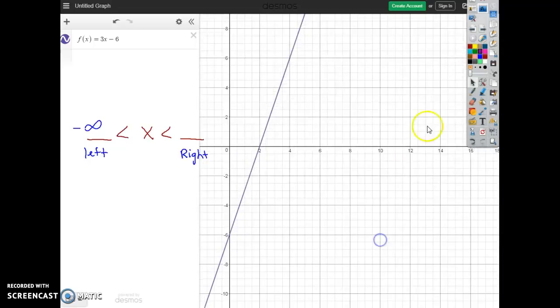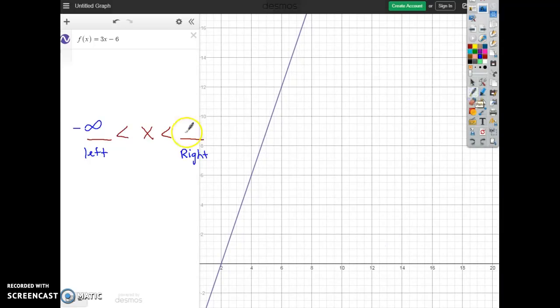Forever and ever and ever, right? So you would write positive infinity. What is it from negative infinity to positive infinity? All the time. All real numbers. Because it never stops. Negative infinity, positive infinity, those are all real numbers. That's what you write for problem number 8, domain.